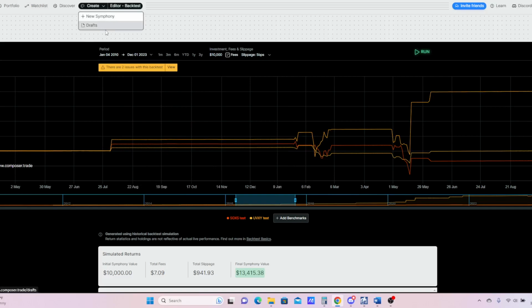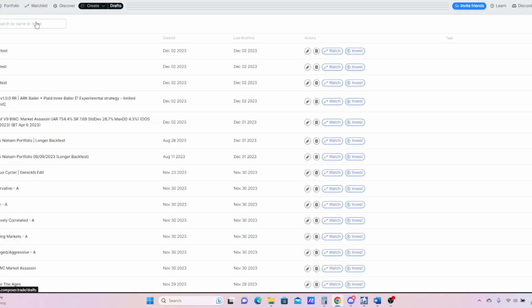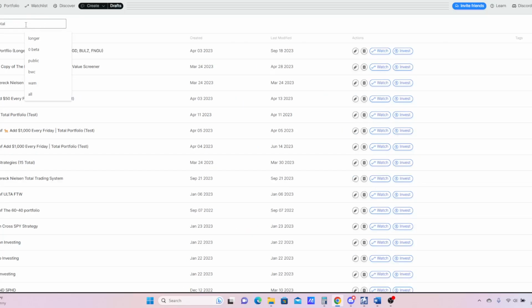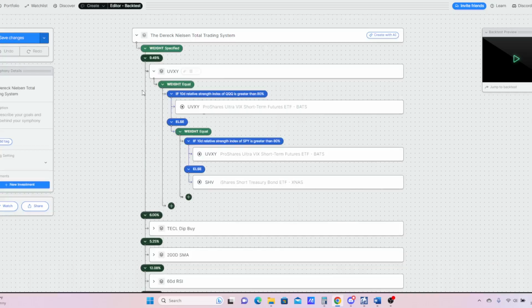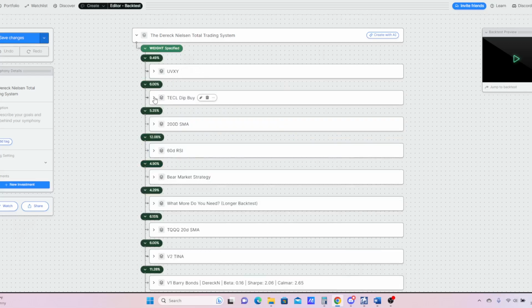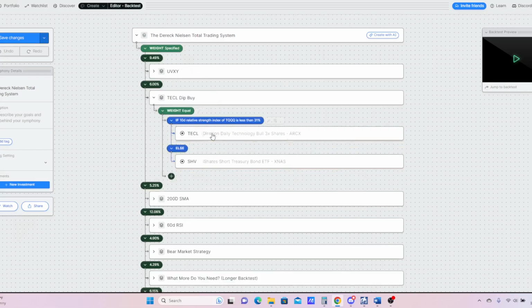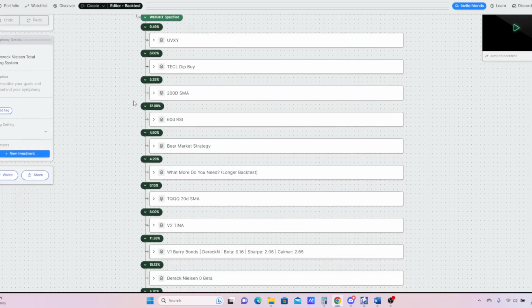It's so funny, I was actually just looking for this the other day. I think it's called Total Trading System or something. So this just does a UVXY check, that branch, like we were just looking at. And TECL, same thing, it just looks for one condition on TECL.